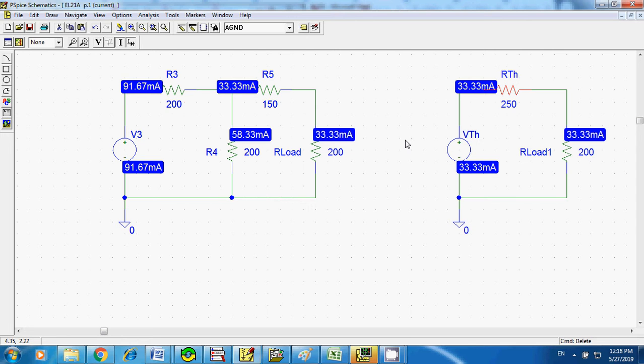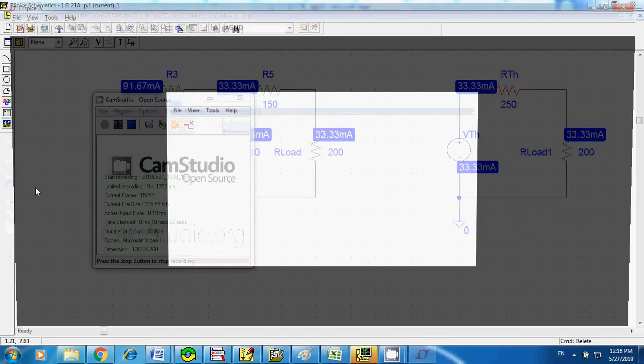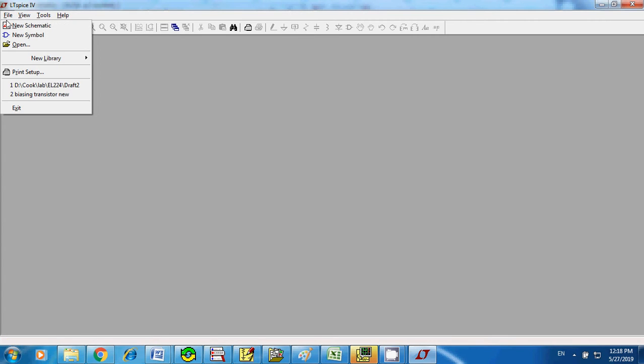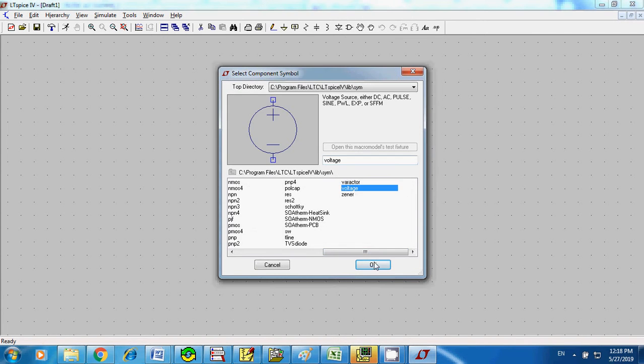And let's go to LTspice IV. Start over again, LTspice IV, and I go to new schematic. I will draw the same circuit. So let's get a DC supply voltage.